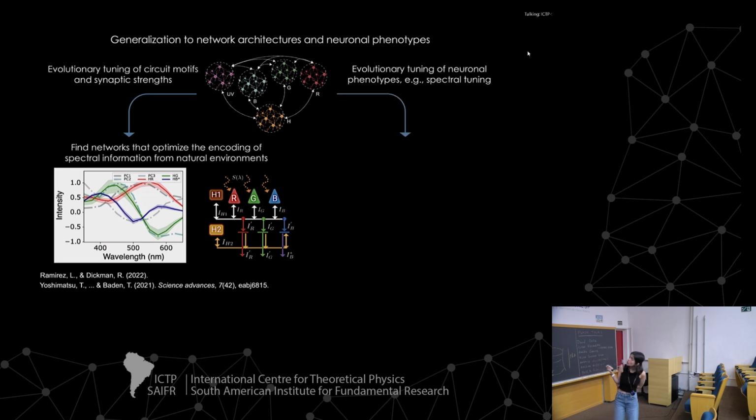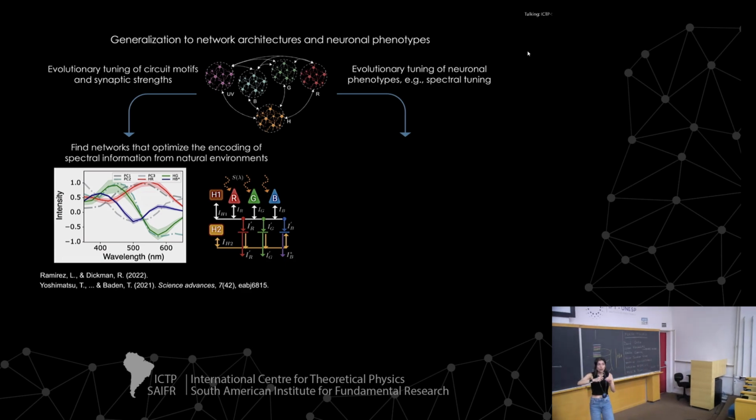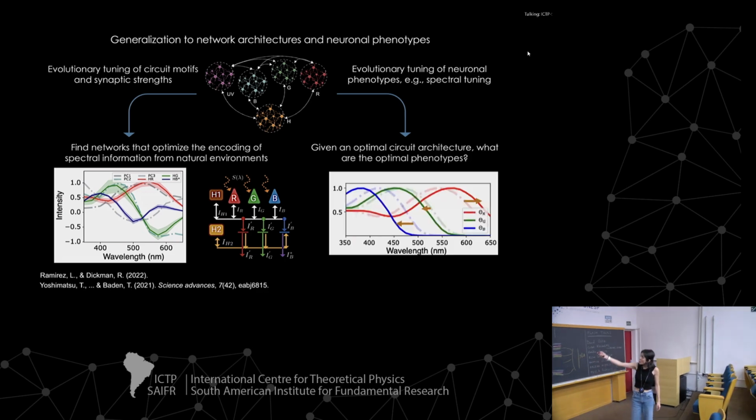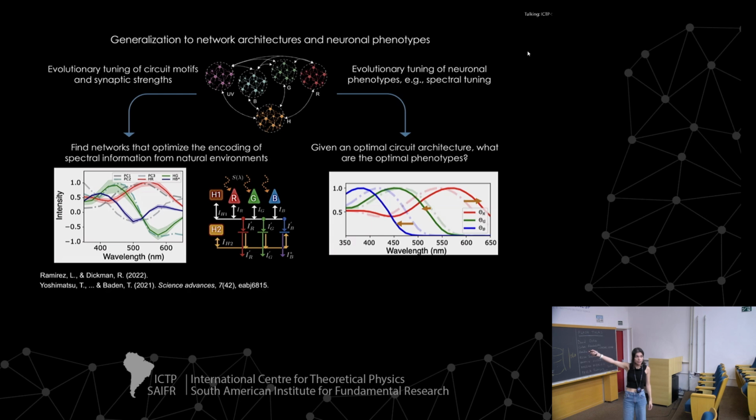And then the second question that we wanted to address is to understand the evolution of the opsins itself. Because everything I have shown to you is based on the fact that the zebrafish has 4 opsins, and they have a specific tuning to these frequencies, right? So what we wanted to do was to change the tuning of these different opsins and see how efficient these fake networks would be at encoding this very same information from the environment.